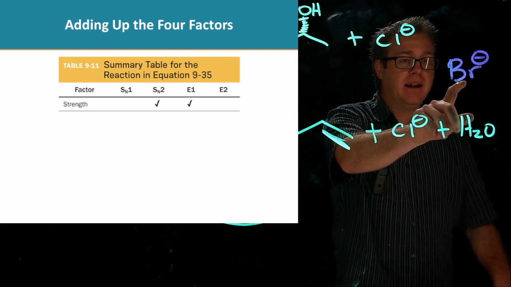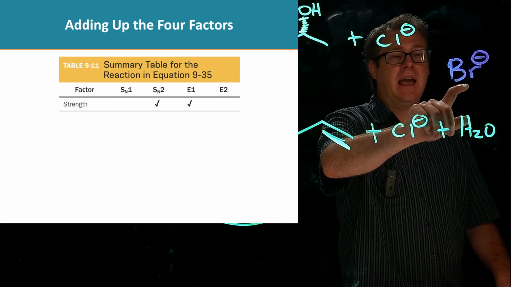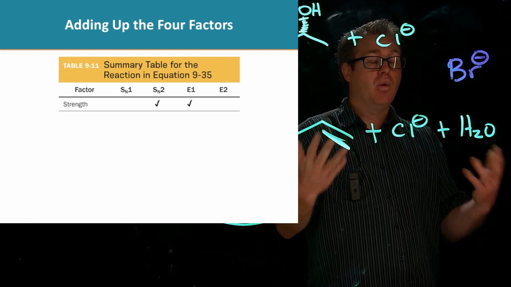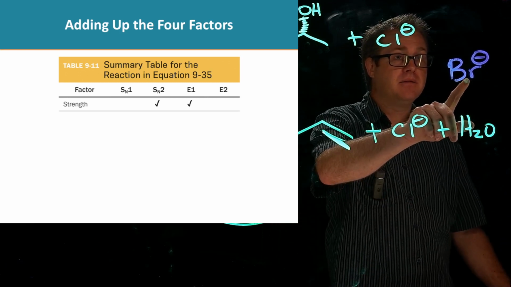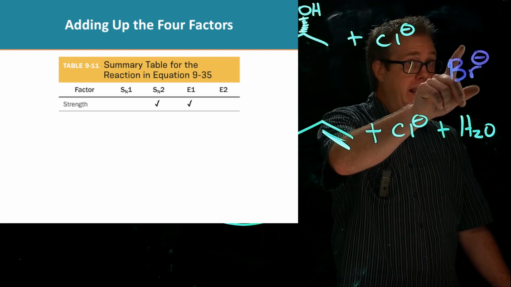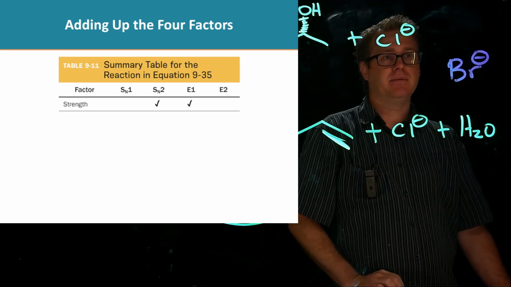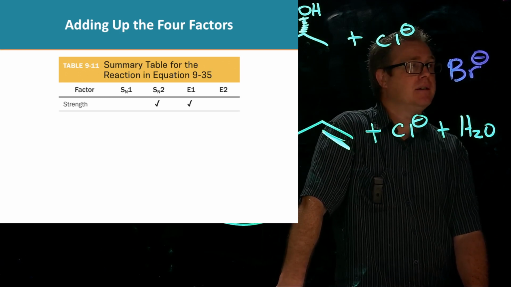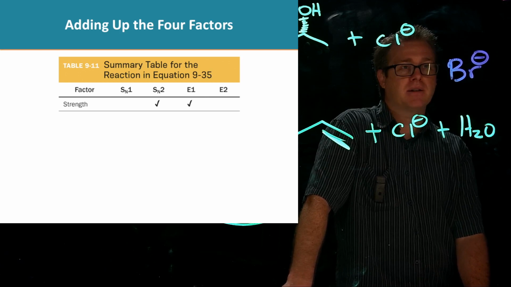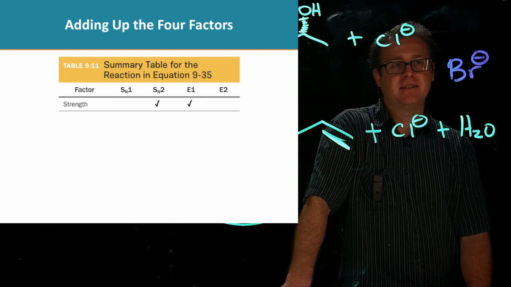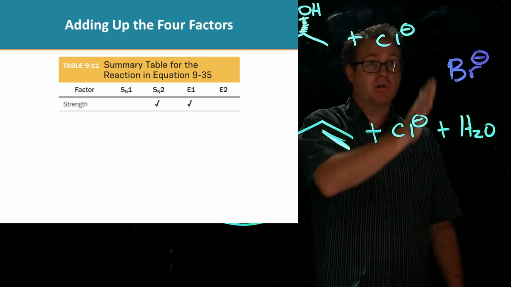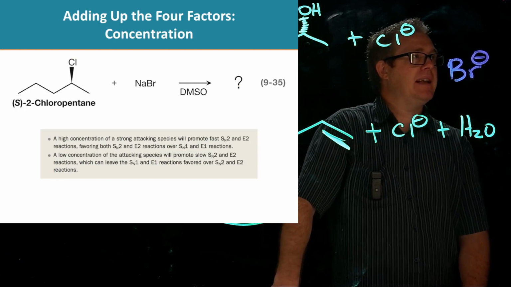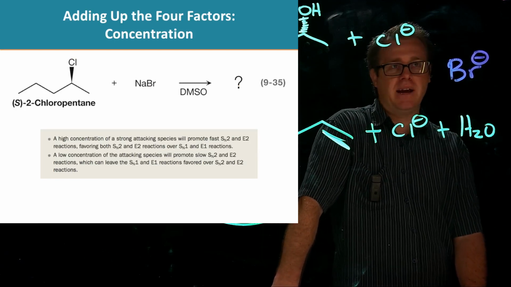And the bromide is telling me that it could do an SN2 and an E1 based off of what it is. Strong nucleophile means SN2. Weak base means E1. And I put those check marks. I'm going to keep a tally of all these check marks, and at the end of this analysis, the column that has the most check marks is going to be the mechanism that we choose.